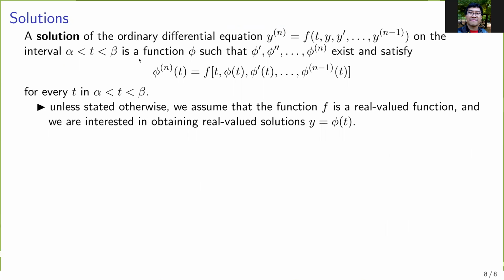If the solution is given on the interval alpha less than t less than beta, it's a function phi such that the derivatives of phi exist and satisfy this equation for every t between alpha and beta. We typically assume that the function is real valued, and we are interested in obtaining real valued solutions y equals phi of t.